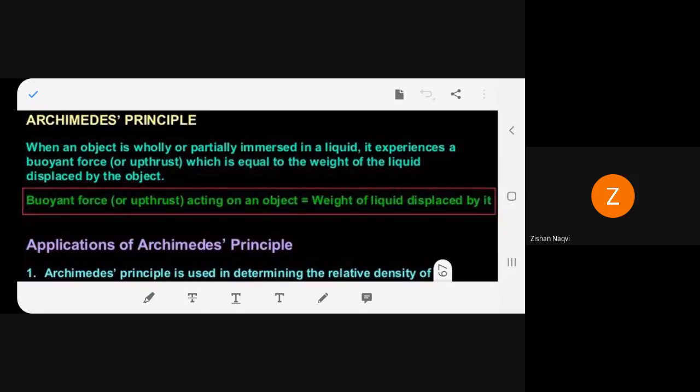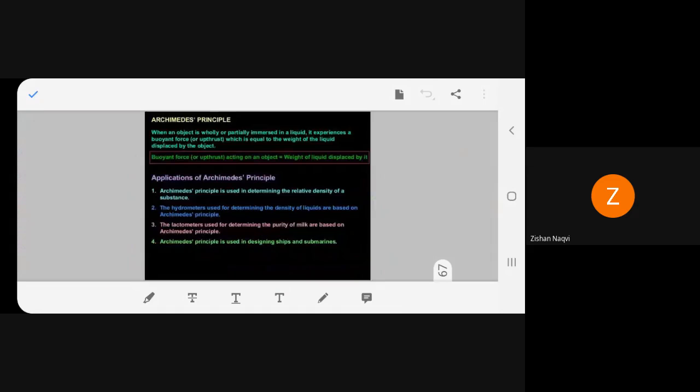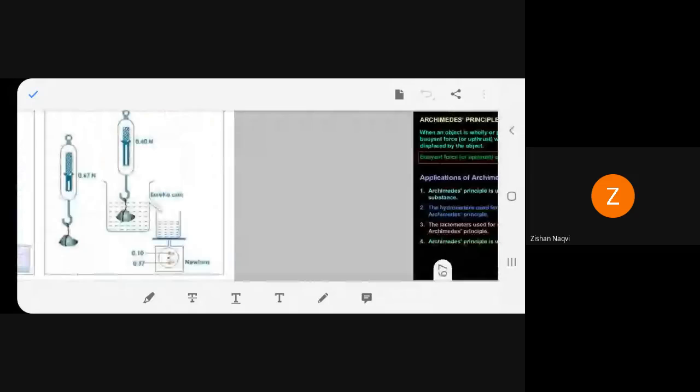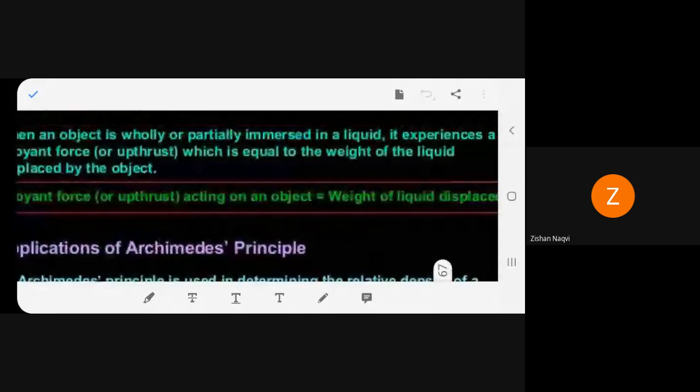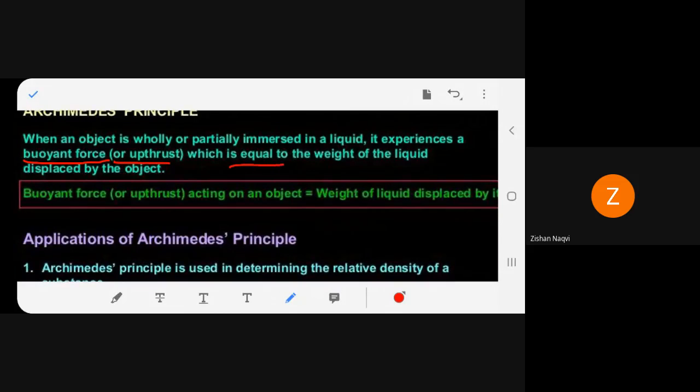That's what we learned just now. This was wholly immersed, isn't it? So the liquid is displaced. So what happens? There is a buoyant force or upthrust, and that becomes equal to the weight of the liquid displaced. Yes or no? This is what we learned just now.